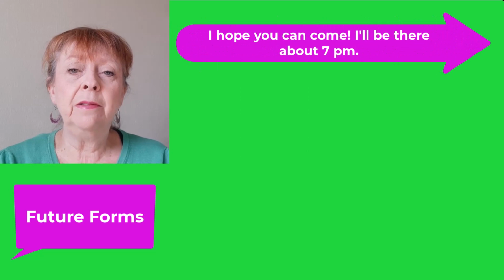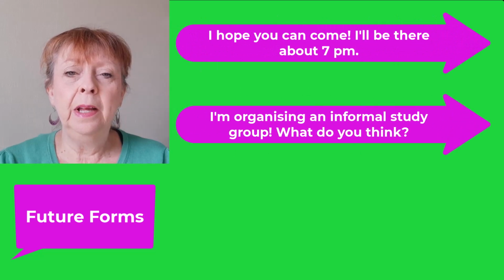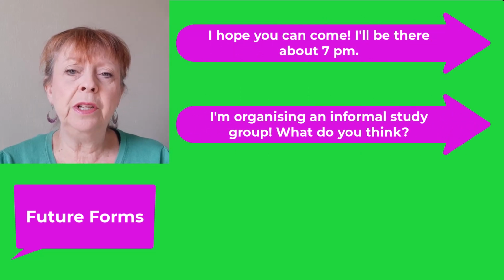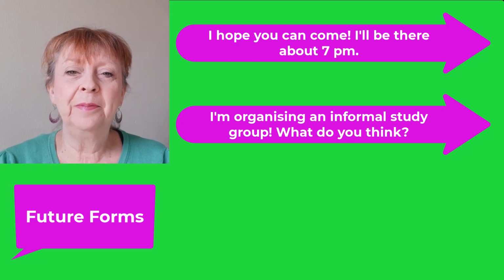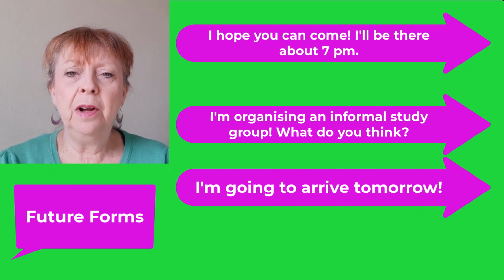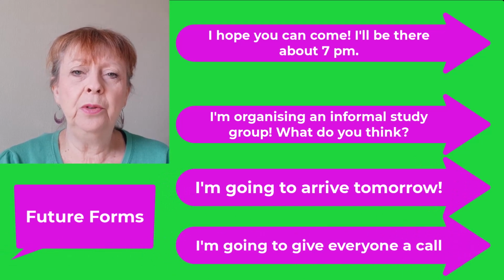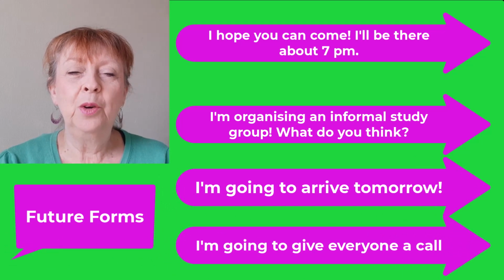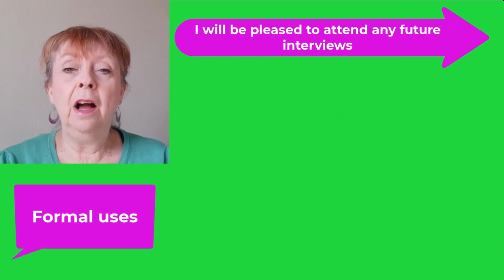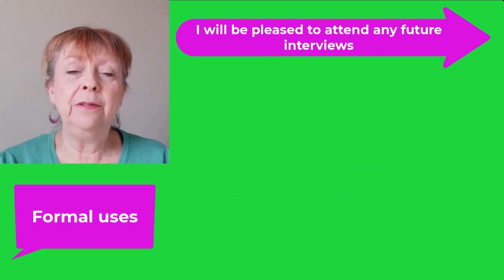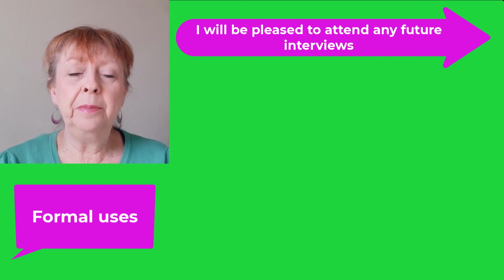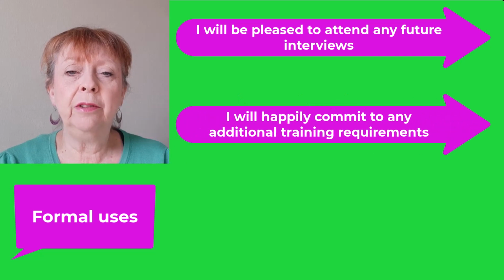I'll be there about 7 p.m. I'm organising an informal study group. What do you think? I'm going to arrive tomorrow. I'm going to give everyone a call at the weekend. Or, formal communication. I will be pleased to attend any future interviews. I will happily commit to any additional training requirements.